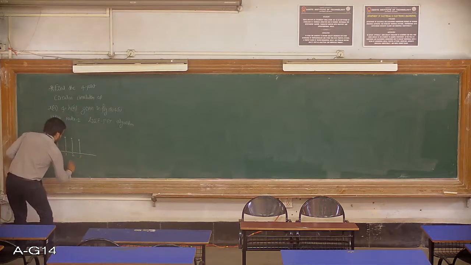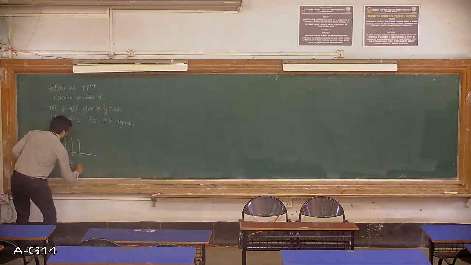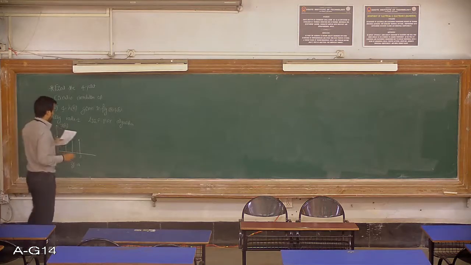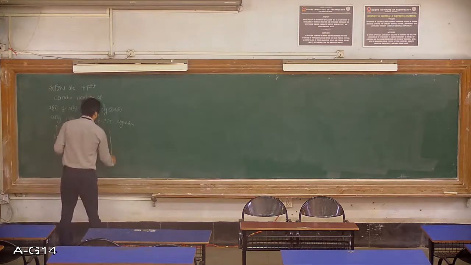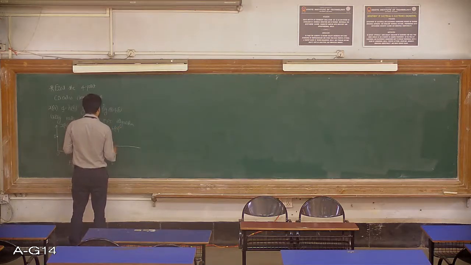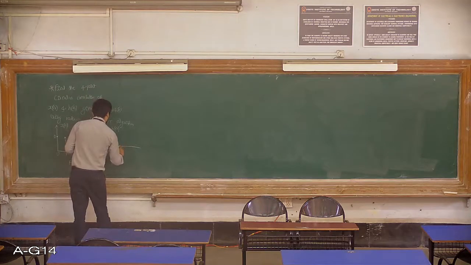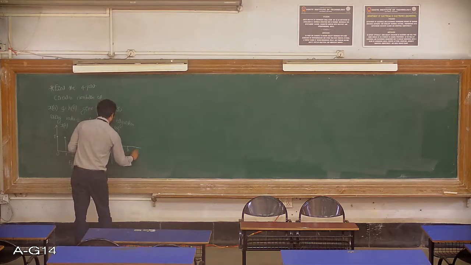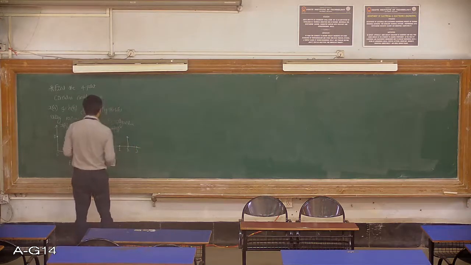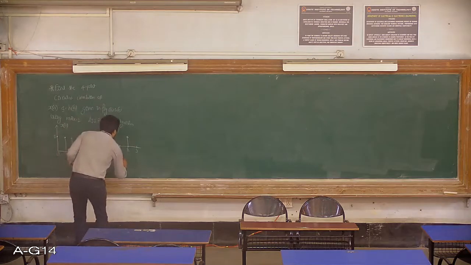This is figure A. So this is the x of n, and one more is h of n. So here it is 1, 0, 1, 0. So this is figure 2. Figure B.